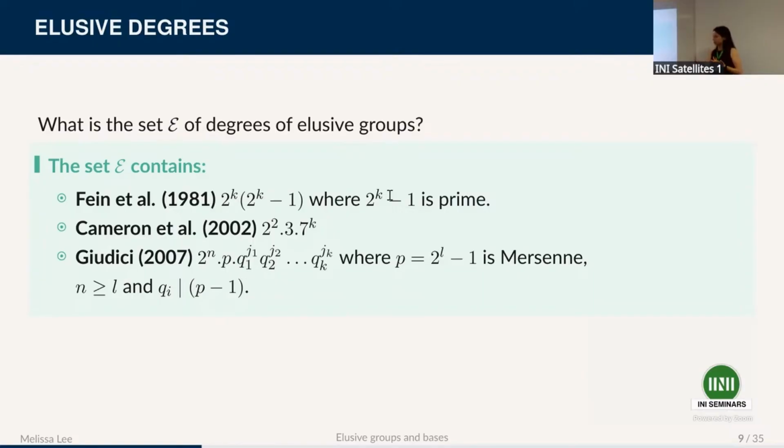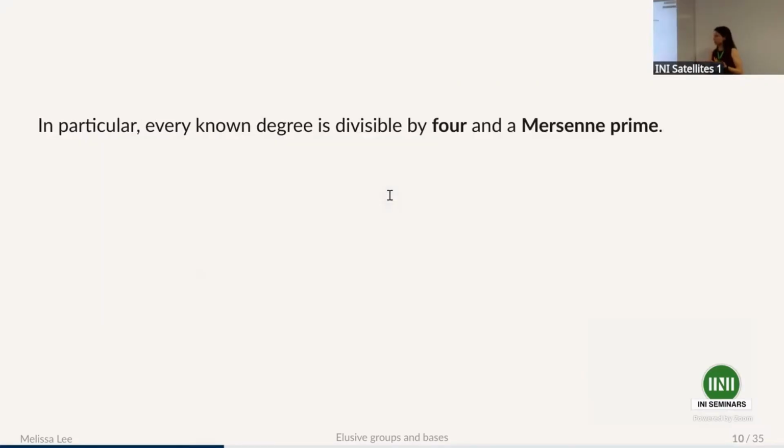But something that we notice is that every known degree of an elusive group is divisible by both 4 and a Mersenne prime. And these constructions that I showed you earlier, where you take the direct product or something like that, obviously, if you're divisible by 4, and you have an elusive group, and you take the direct product with something, that degree is also going to be divisible by 4 and a Mersenne prime.